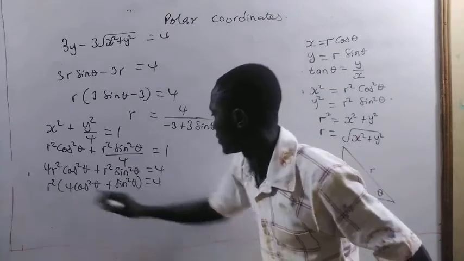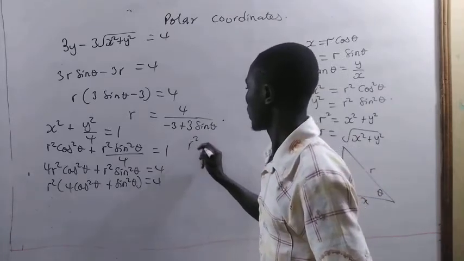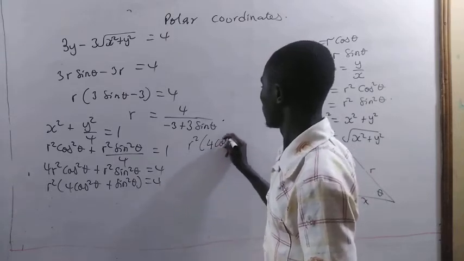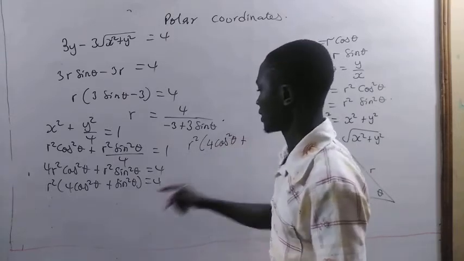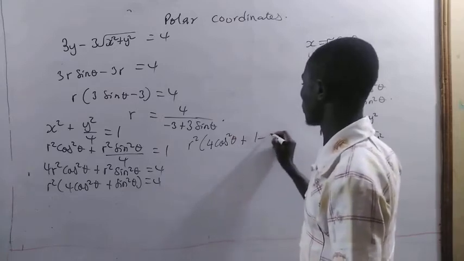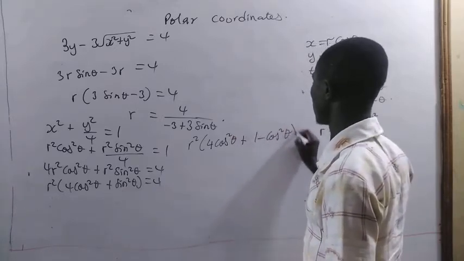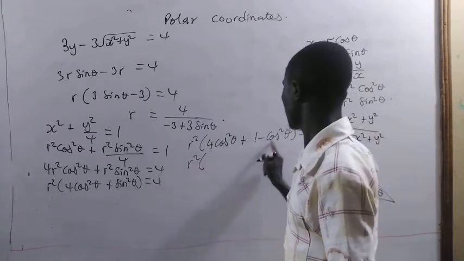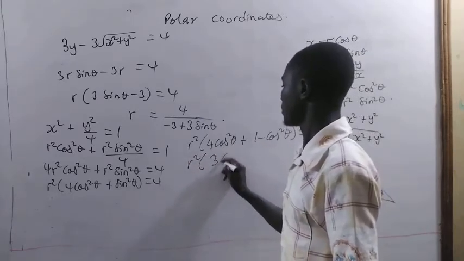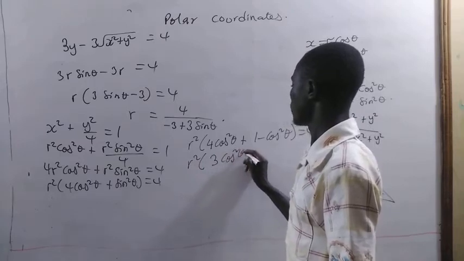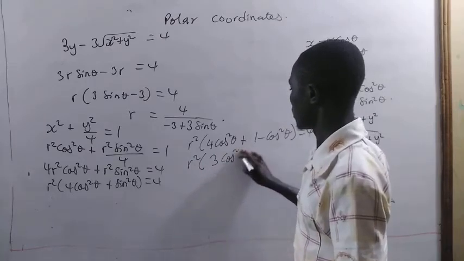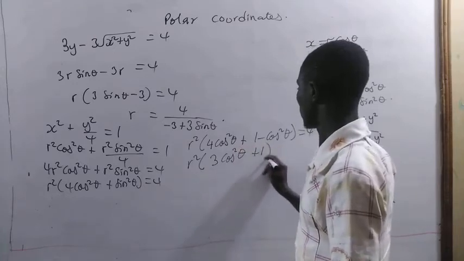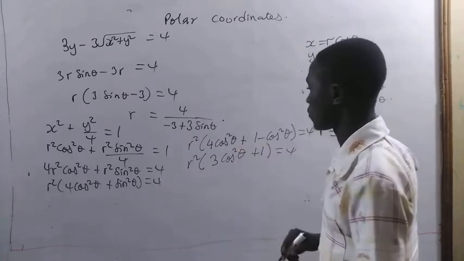So now here, this is my r squared into bracket 4 times cosine squared of theta plus sine squared, which is 1 minus cosine squared of theta, equal to 4. You have r squared into bracket 3 times cosine squared of theta plus 1 equal to 4.